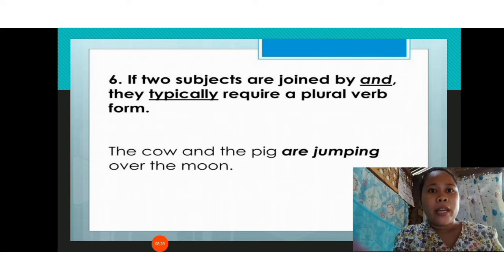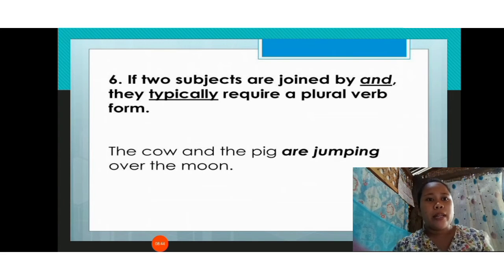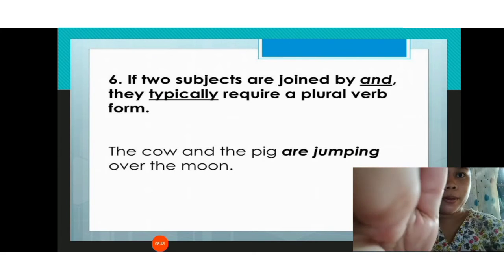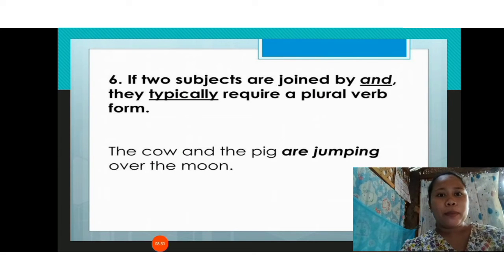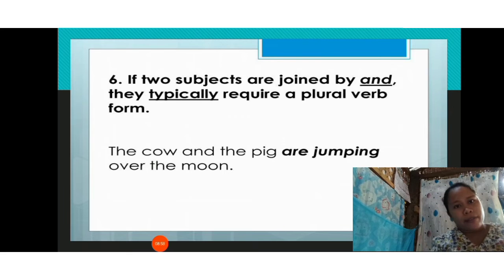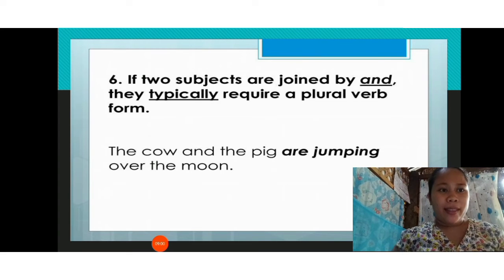Number 6. If two subjects are joined by and, they typically require a plural verb form. So, for example, the cow and the pig are jumping over the moon. So we have two subjects, two different animals here. The cow and the pig.